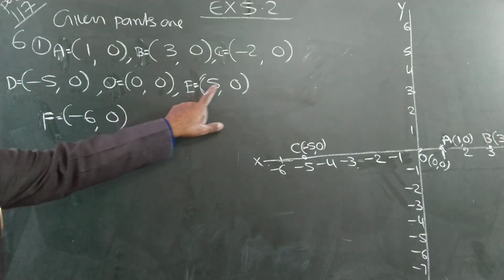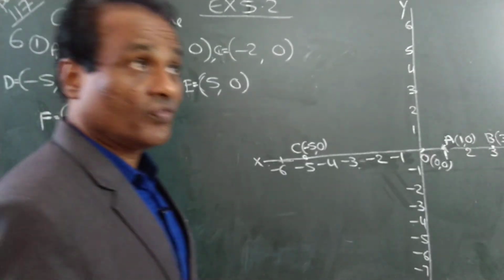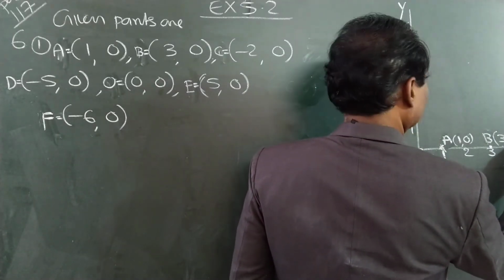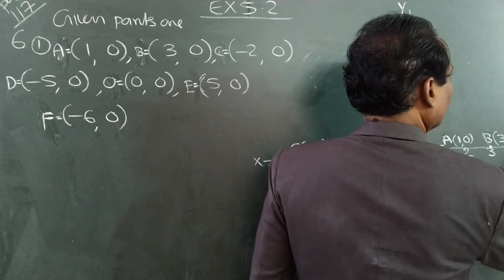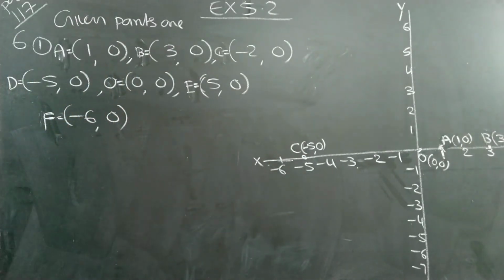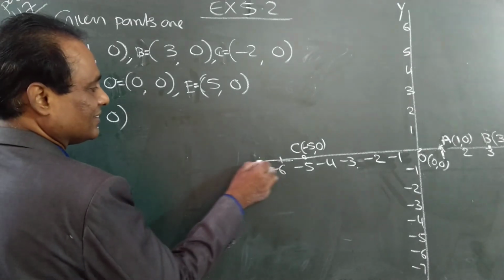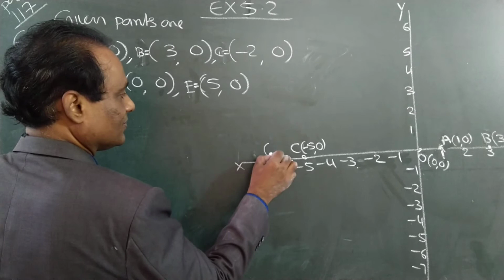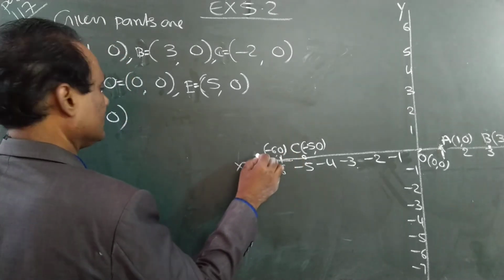Next, 5, 0. Where is it? 5, 0 here. Minus 6, 0. Where is it? Here.